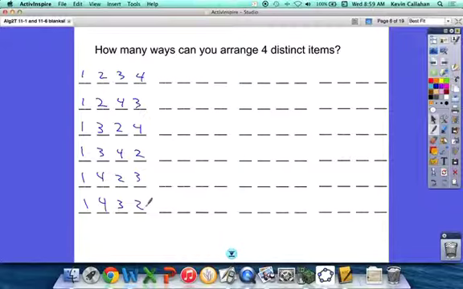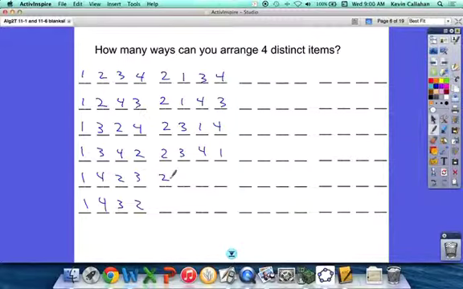So now we're going to jump to a column which is, okay, let's have 2 in the first spot and see how many we can come up with. Let's see, if I start with a 2, let me make the next one a 1, and then it'd be 3, 4. And then if I go 2, 1, 4, 3, and then what would the next be? 2, 3, 1, 4, 2, 3, 4, 1, and then 2, 4, right?